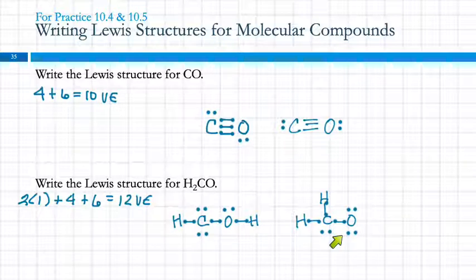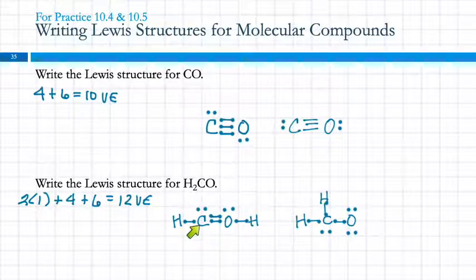In both of these, the carbon has an octet, the oxygen does not, right? Here the carbon has an octet, the oxygen doesn't. So then carbon is going to be generous and share with oxygen because oxygen doesn't have enough. So we're going to take this lone pair and make it a bonding pair. So now there's a double bond between carbon and oxygen.